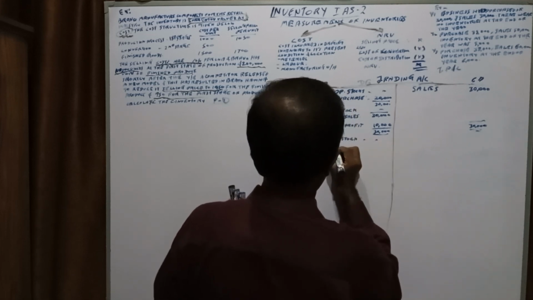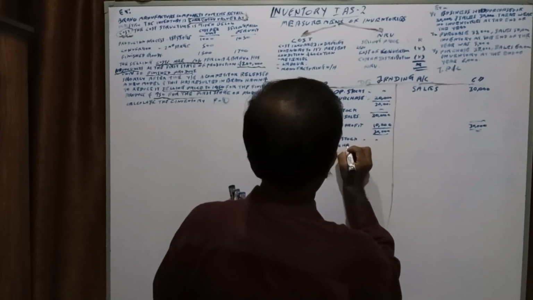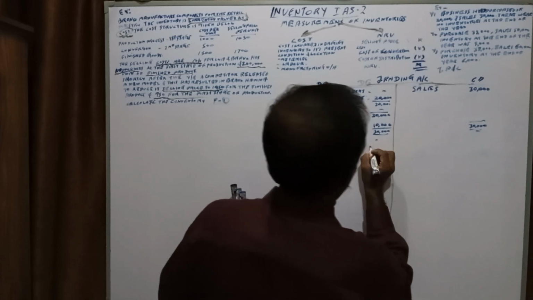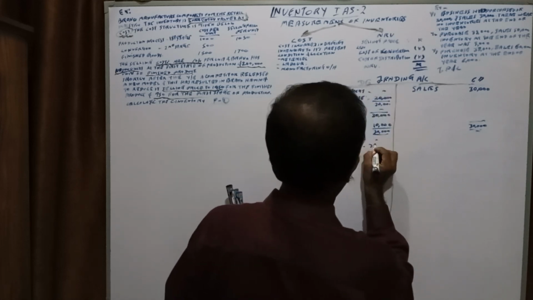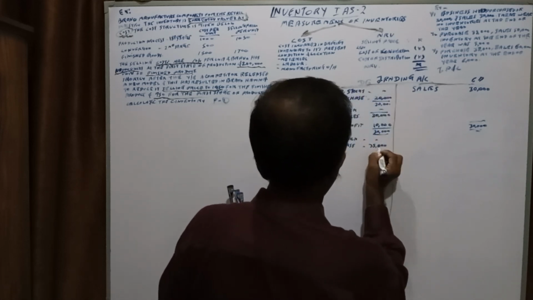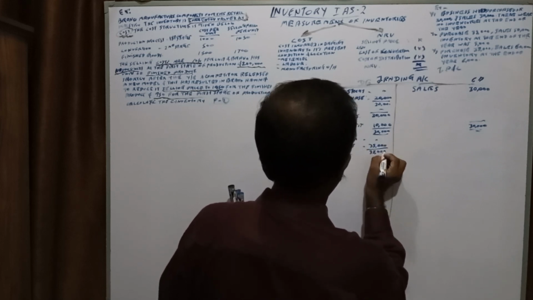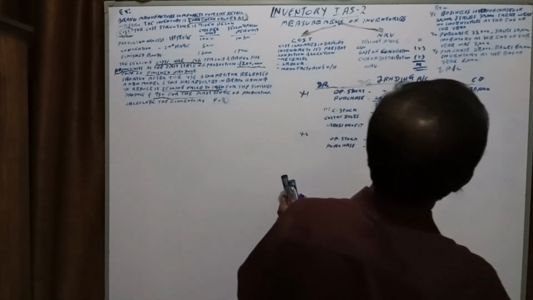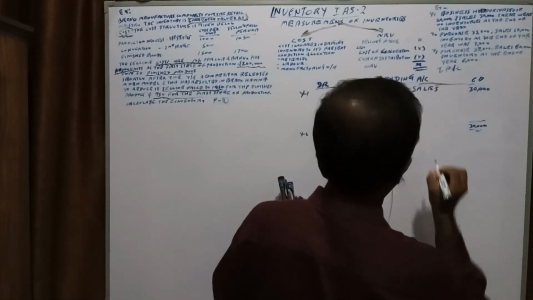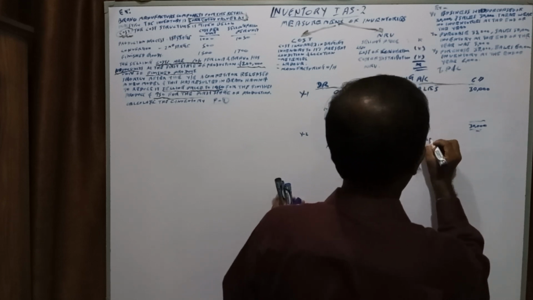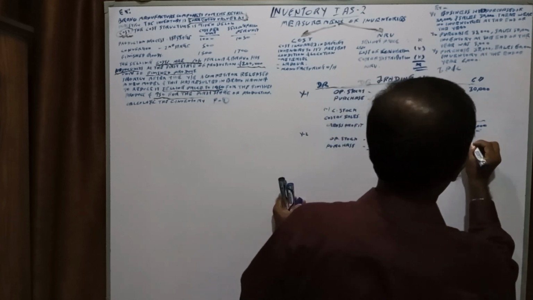Purchases, they say 35,000, right? 35,000. Then the next information given is sales 50,000, sales 50,000, right?